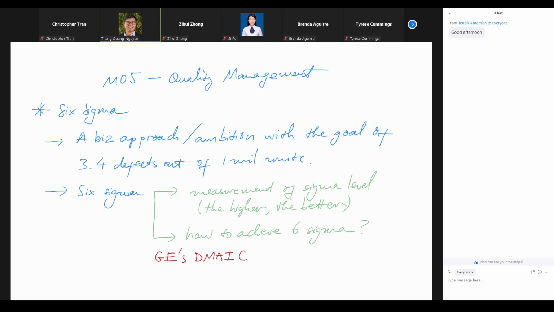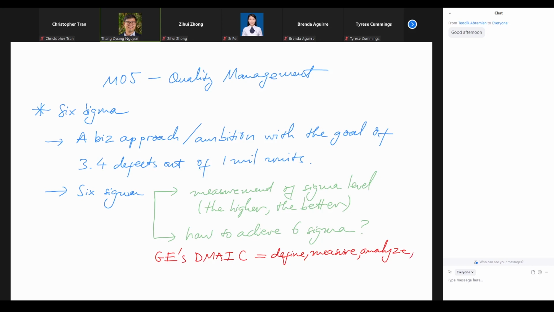problem solving method, right? This is an acronym. First of all, we need to define the goals of the process and then measure the performance of the process. What sigma level it is, for example, right? And then we need to analyze the data. After measurement, we collect the data and analyze it.